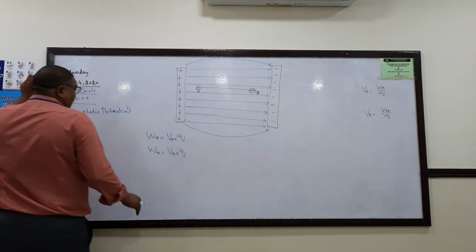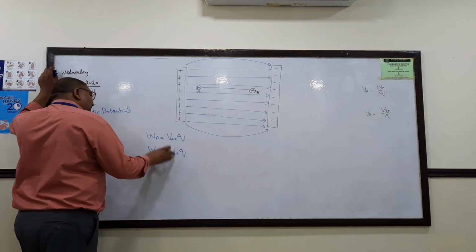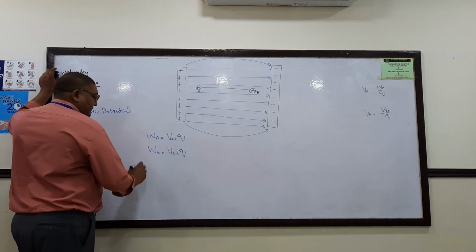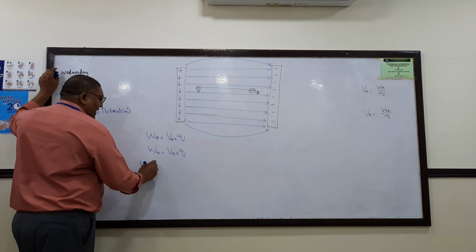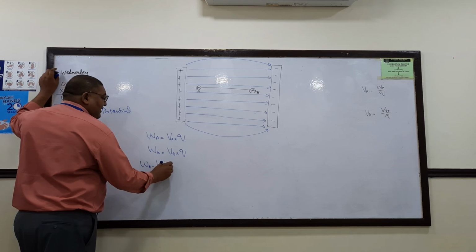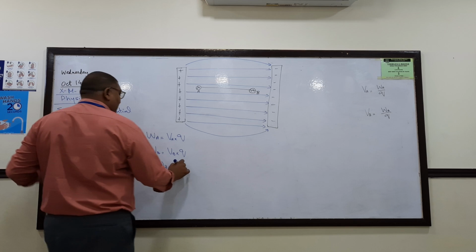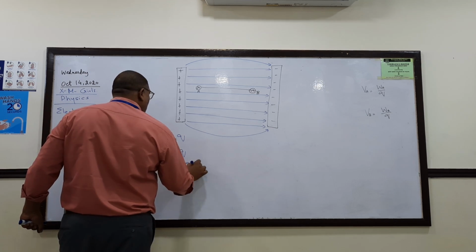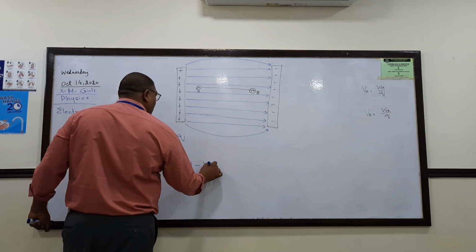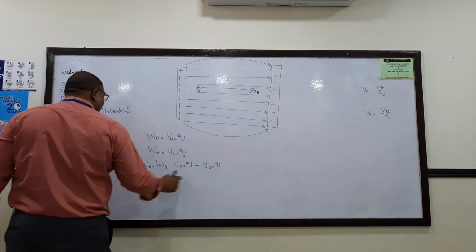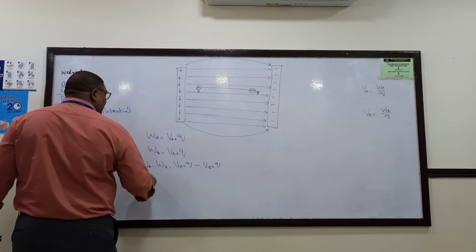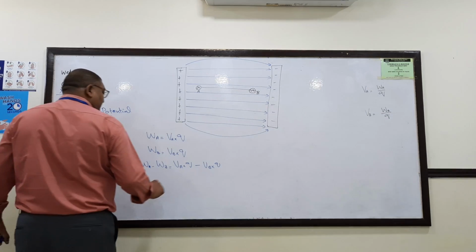So, if you find the difference between them, suppose work done A minus work done B, that will be equal to VA multiplied by Q minus VB multiplied by Q. You can take the Q common. This is the difference of energy. Okay?